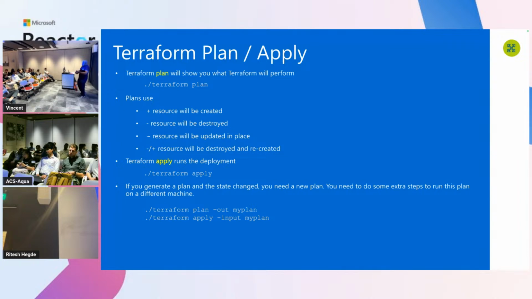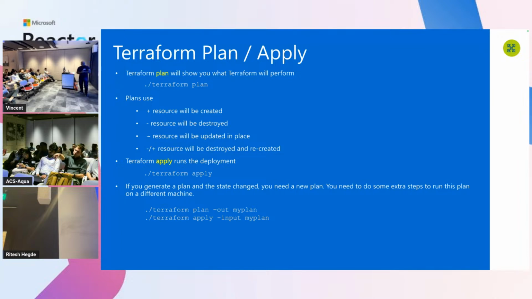But since that resource cannot be changed in place, it has to be destroyed and created. When you do apply, it will directly do the apply, right? That is the reason you need a plan. It's not compulsory to run plan, but it is always good to run plan, so you can understand what it is trying to do. And if you have made some mistake, knowingly or unknowingly, you can rectify it and run it again. Does that answer?